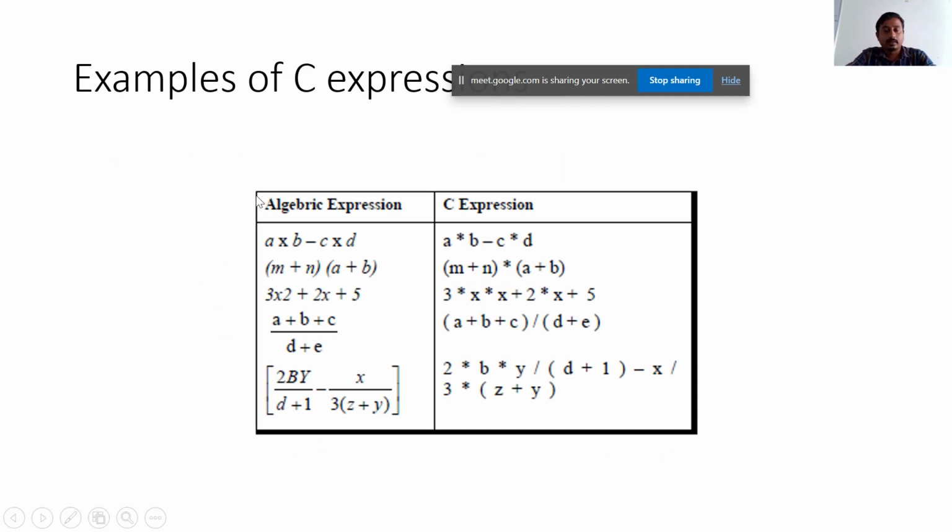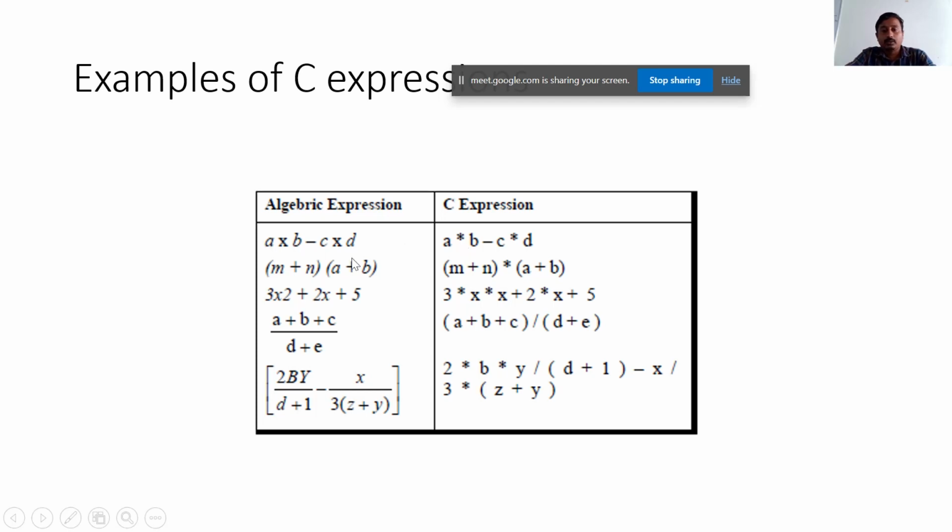These are some additional examples. Here we have the algebraic expression, and these are the valid C expressions. We don't have this multiplication symbol in any language. Rather, we use the asterisk symbol for multiplication.